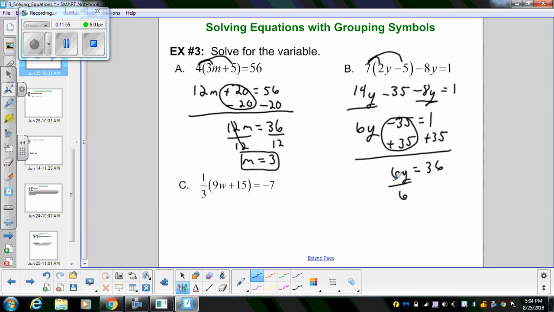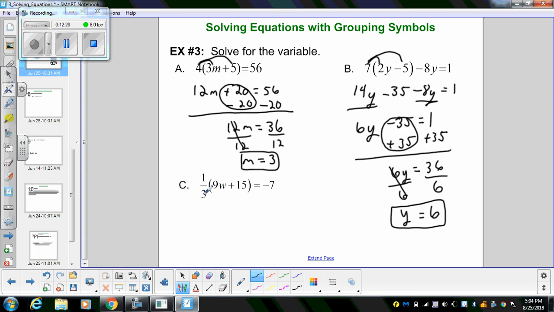The last step is to get rid of the coefficient. Since 6 is being multiplied by y, the inverse there is dividing. I have to divide both sides by 6, so that will go away. So it becomes y equals 36 divided by 6, which is 6.